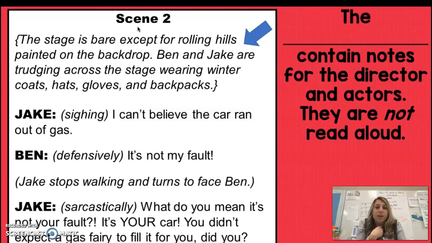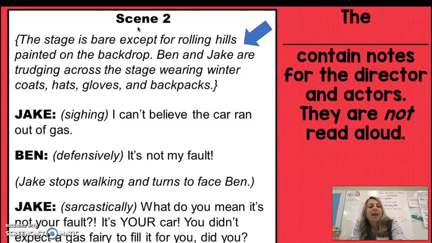And as the reader, it lets me know what is happening in the story. Like if it says the stage is bare except for rolling hills painted on the backdrop. Ben and Jake are trudging across the stage wearing winter coats, hats, gloves, and backpacks. Well, if I didn't read that, I wouldn't know what those actors are doing. So it helps me visualize what they're doing.